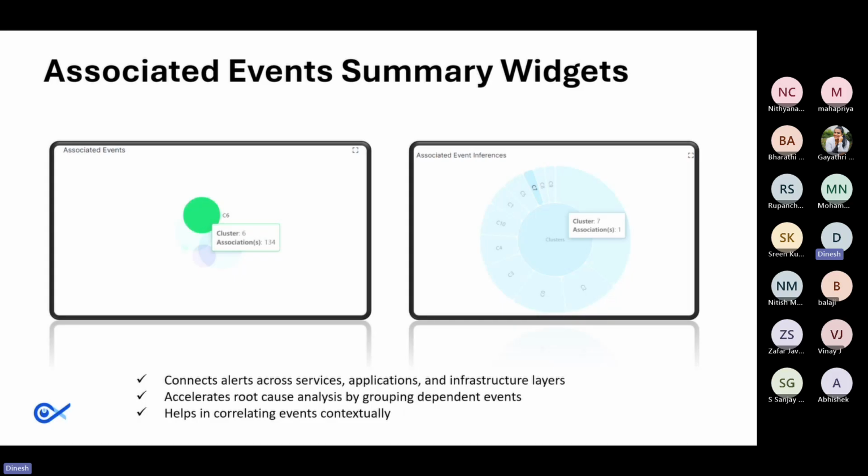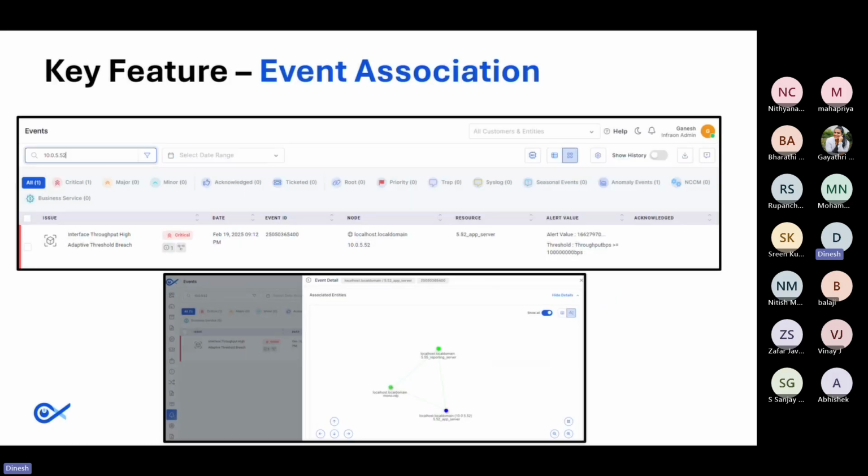Let's take a use case here. When a core switch fails suddenly, or due to any disaster, what kind of alerts do we get? The server is unreachable, the application is down, the interface is down, latency spikes. 100 plus alerts get triggered, and manual investigation is required without AIOps.